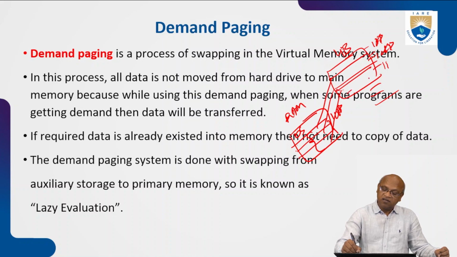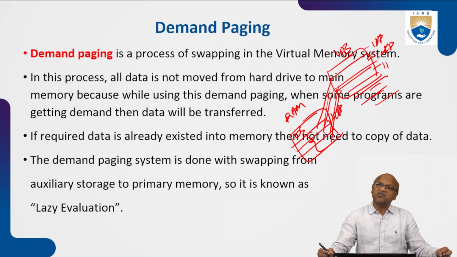This is our 4 GB file, and this is only 1 GB. Whatever frames are free, we will transfer the first pages there. Suppose 4 are vacant. Now we will transfer 4 pages into the 4 frames, because frame size and page size are equal.